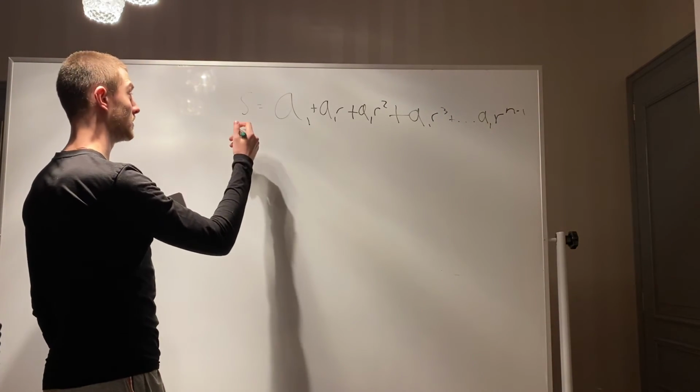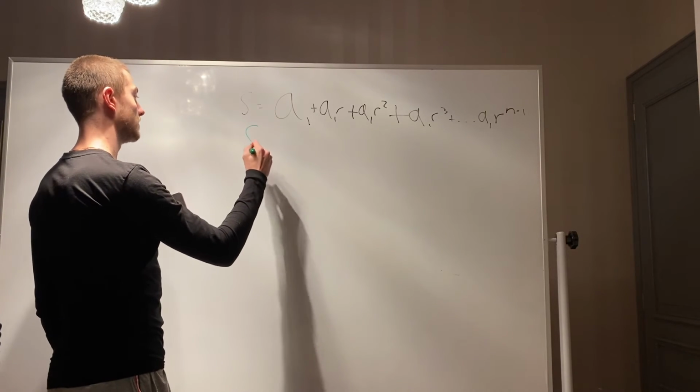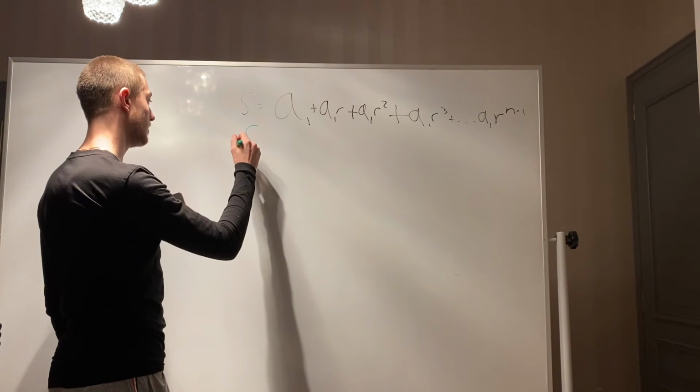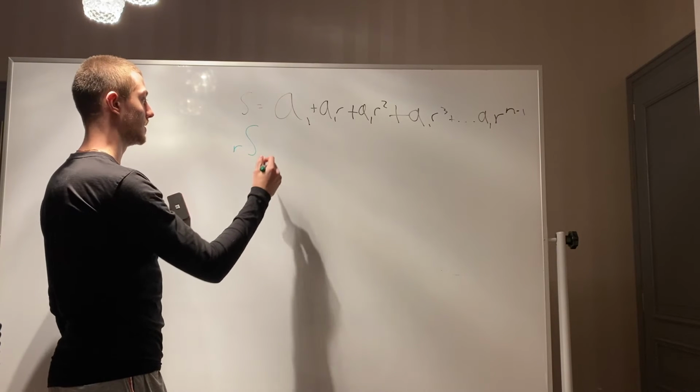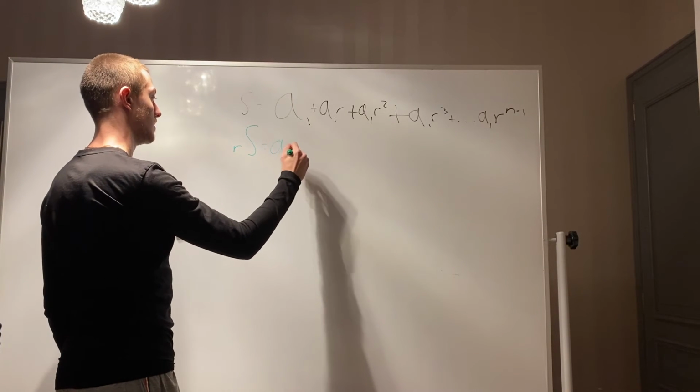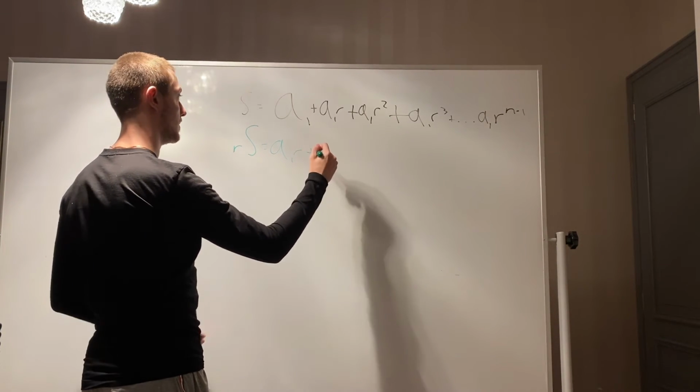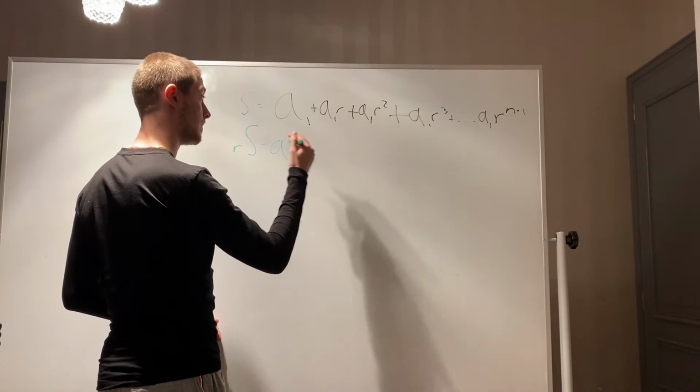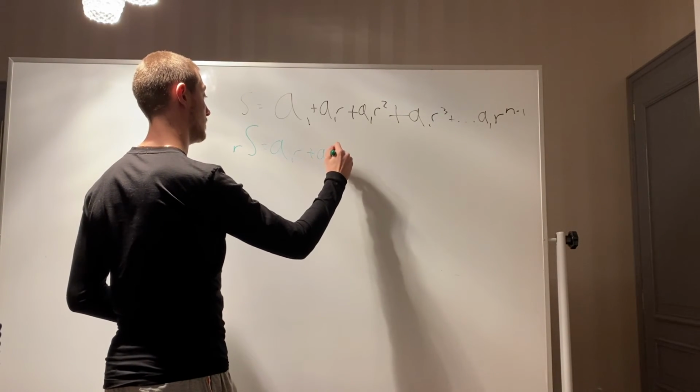We're going to take the same sum, S, except now I'm going to multiply by r. So what does that give us? That gives me a1r plus a1r squared.